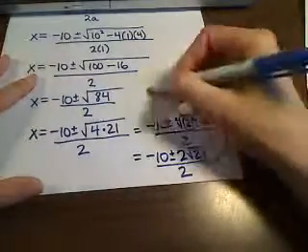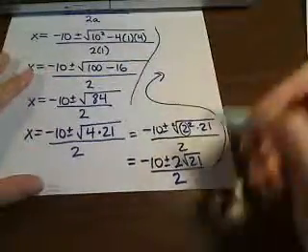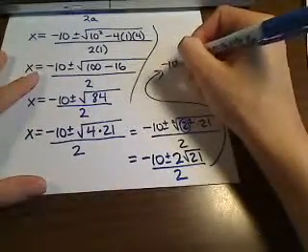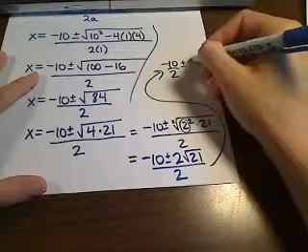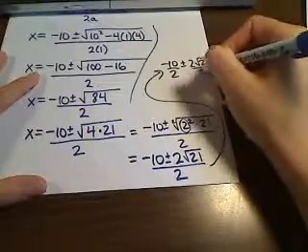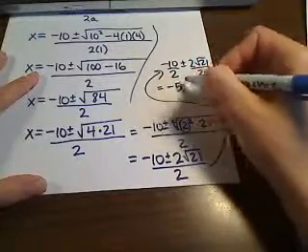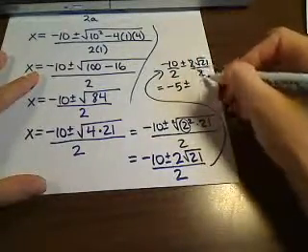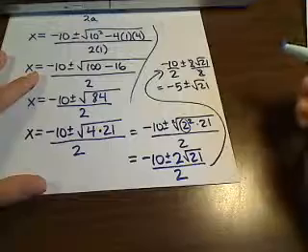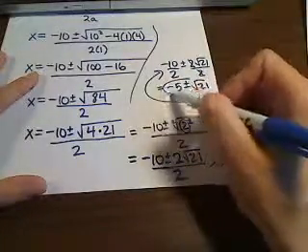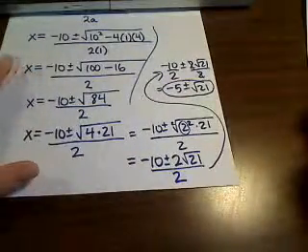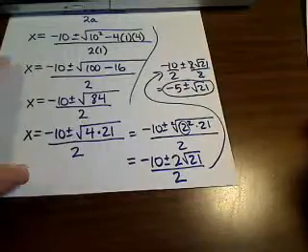So if I break it up, it's negative 10 over 2 plus or minus 2 root 21 over 2, and negative 10 over 2 is negative 5, and then we have plus or minus, these 2's cancel, and the square root of 21. So your answer here would be negative 5 plus or minus the square root of 21.